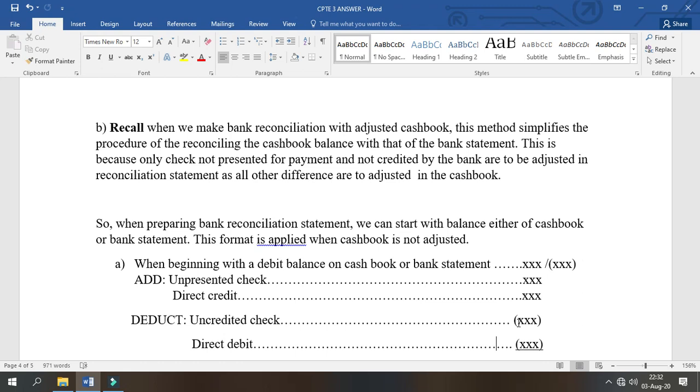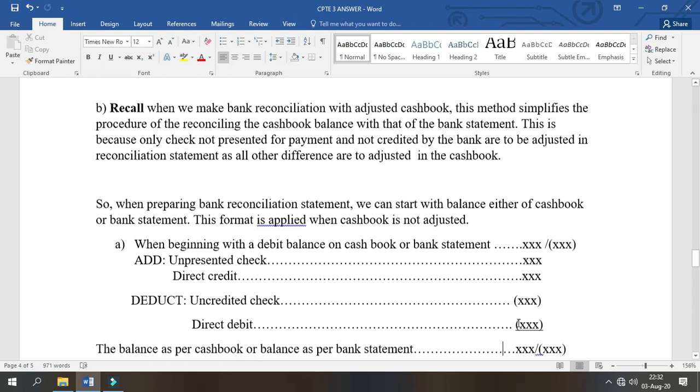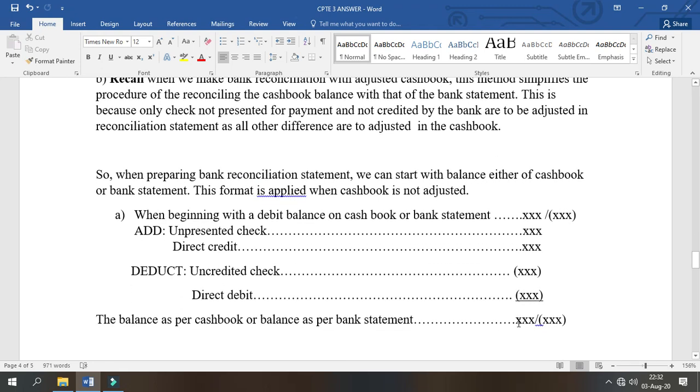What is required is to know what is an unpresented cheque, what is a direct credit, what is a direct debit. Then your end is the balance as per cash book or balance as per bank statement, according to the balance you have started with.